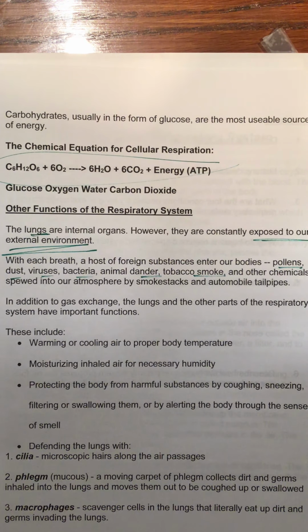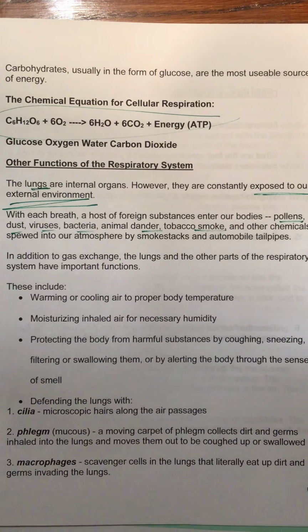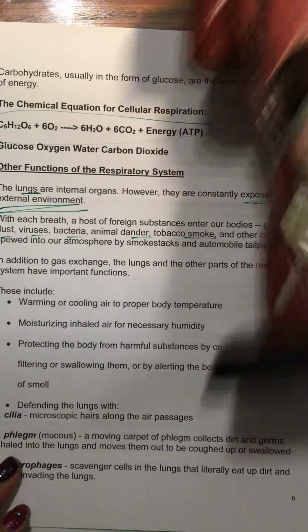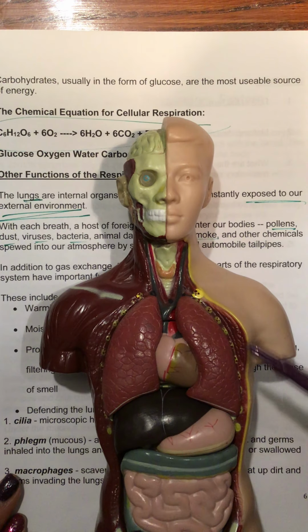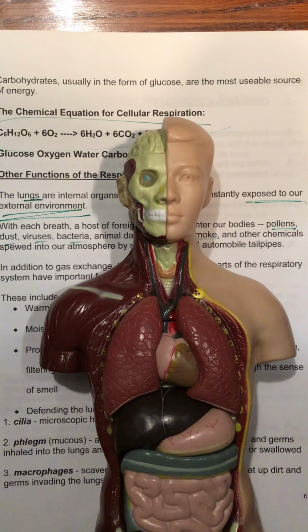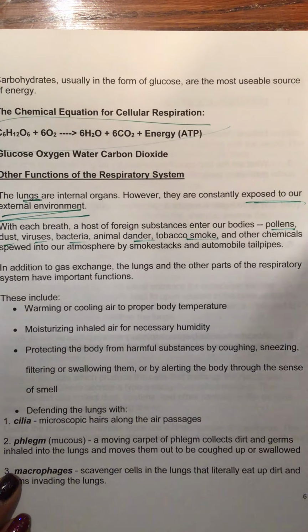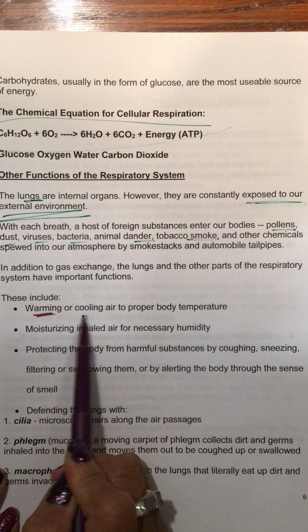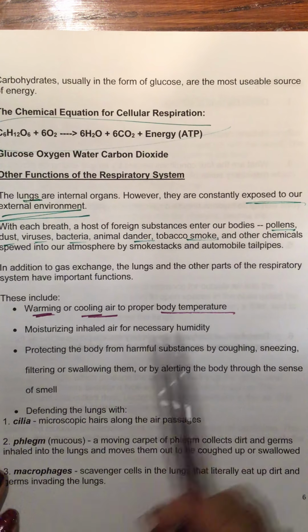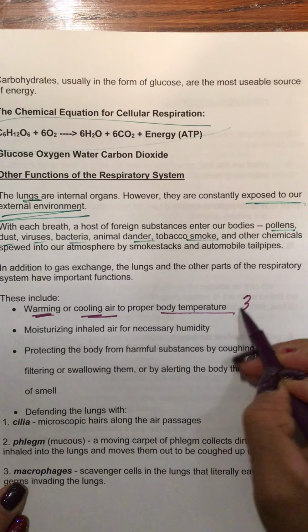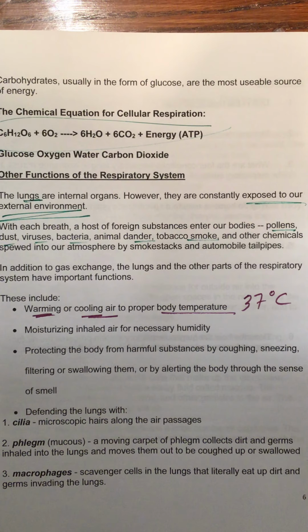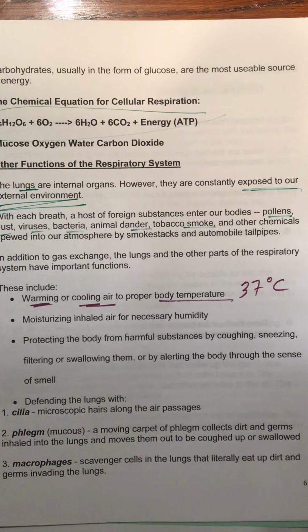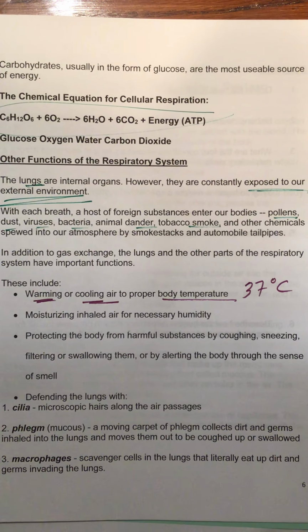So the functions of the respiratory system, in order to protect this vital organ, because it has external access to the atmosphere, it must have the ability to warm or cool the air to proper body temperature. And you know this already, that your core internal temperature is 37 degrees Celsius.